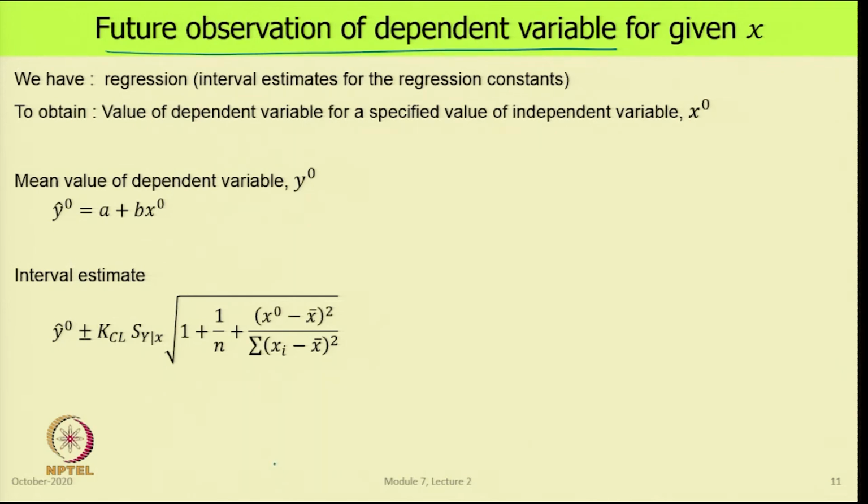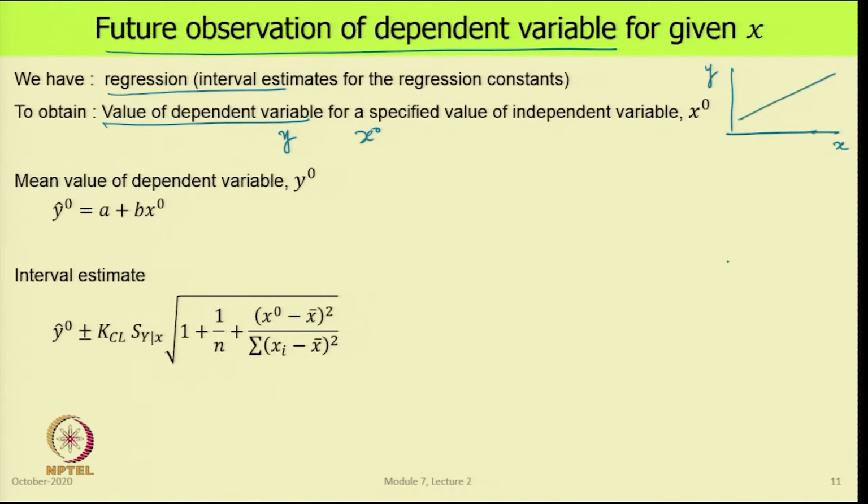So, what we have is a regression, with interval estimates for the regression constants we got, and we want to obtain the value of the dependent variable, y, for a specified value of the independent variable, x 0. That means, this is x, this is y. We did the experiment and we produced a regression which was like this.